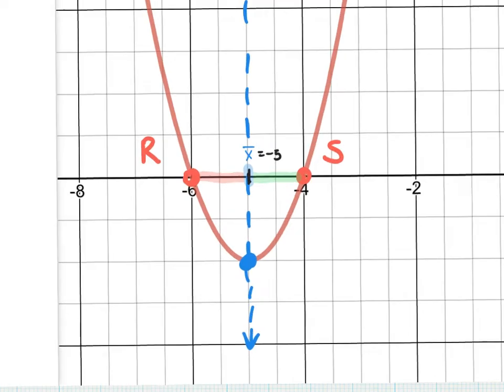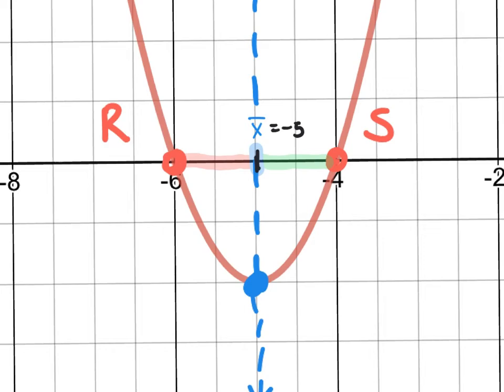Now here's the key about this new method. You don't have to replicate all this, we'll jump to it in just a moment. But to understand it, let's notice here. This distance right here from r to x bar, we'll call u, is the same as this distance right here from x bar to s. We'll call that one u as well.